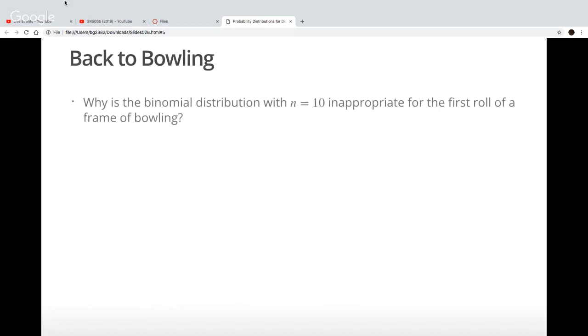Okay. So back to bowling. One might try to use the binomial distribution for the first roll of a frame of bowling where n is 10. But why would that be completely inappropriate? Heinrich. For 2 reasons.